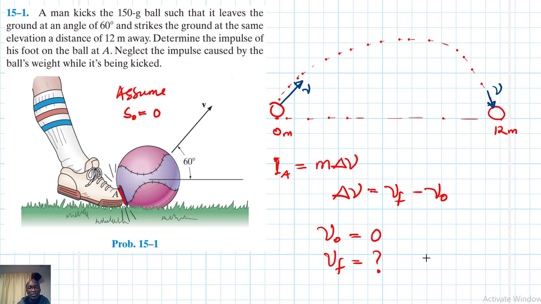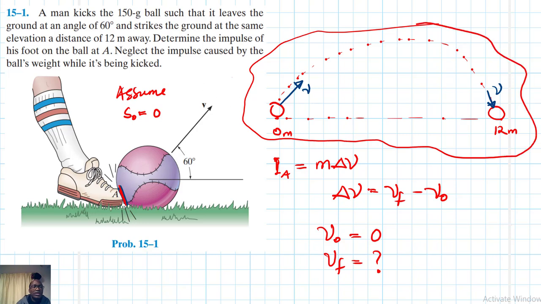We are going to use kinematics to calculate this V final. It will have components, at 60 degrees: we have Vx and Vy. Vx will not experience any acceleration, but Vy will. So we are going to use the kinematic equations here.